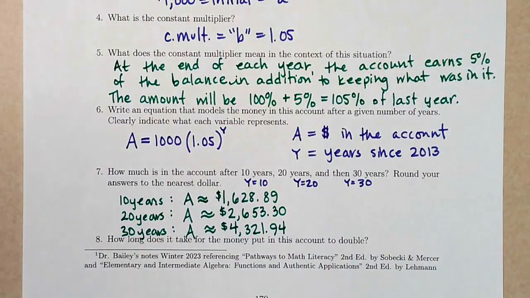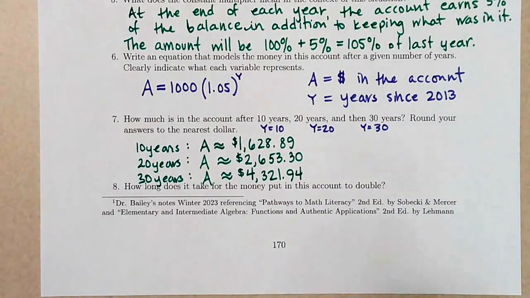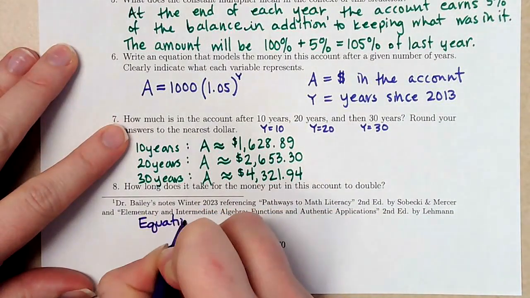That's nice. How long does it take for the money in this account to double? Okay. So we have a couple of ways to do this, and I want to show you using the calculator how we can do this. We could use the equation.